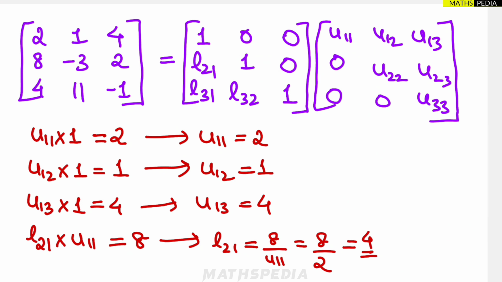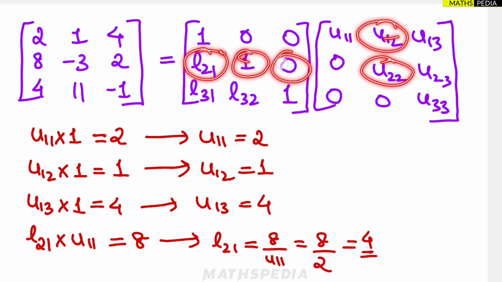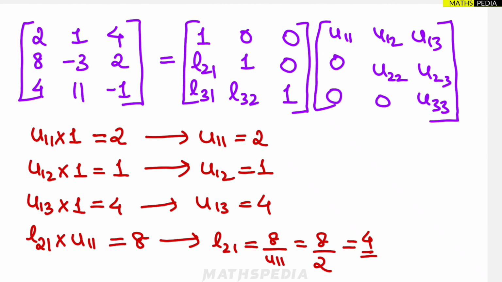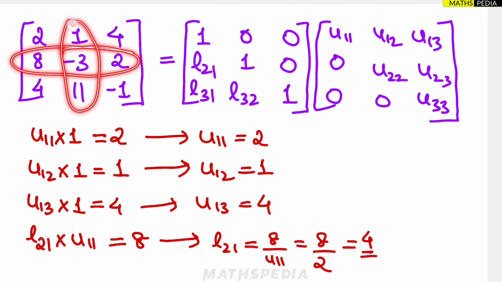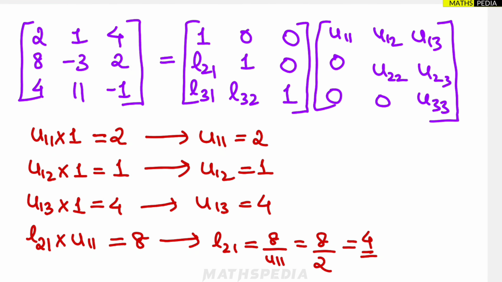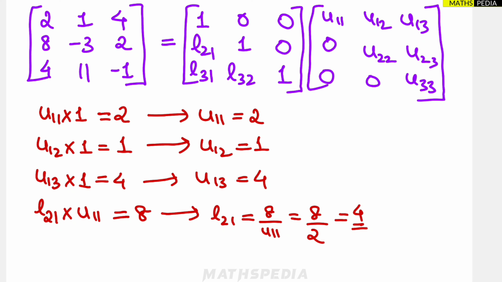Okay. Next, we'll multiply the second row with the second column. While multiplying, be careful. L21 should be multiplied with U12, 1 with this one and 0 with this one. So these two elements will come, and it should be compared with this one. Second row, second column, so minus 3. So L21 multiplied with U12 plus 1 multiplied with U22 and 0 multiplied with 0, no need to write.